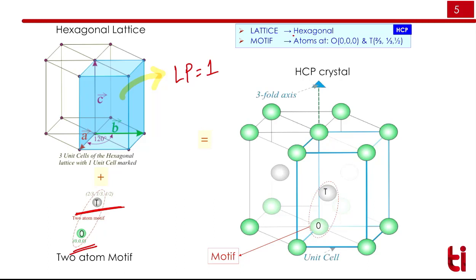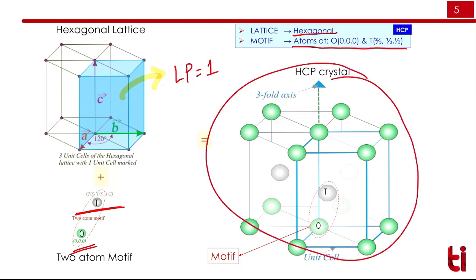So the lattice here is hexagonal and the motif or basis is 0, 0, 0 and 2/3, 1/3 and 1/2. This is non-primitive because a primitive unit cell has only one lattice point.